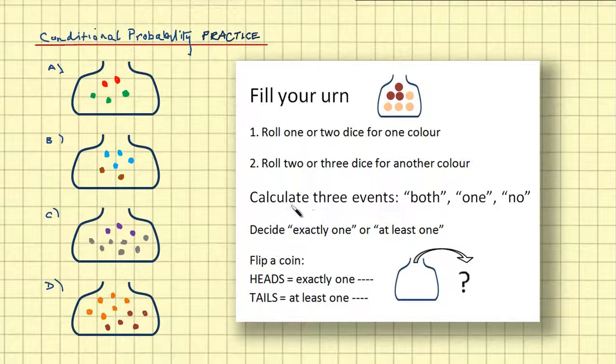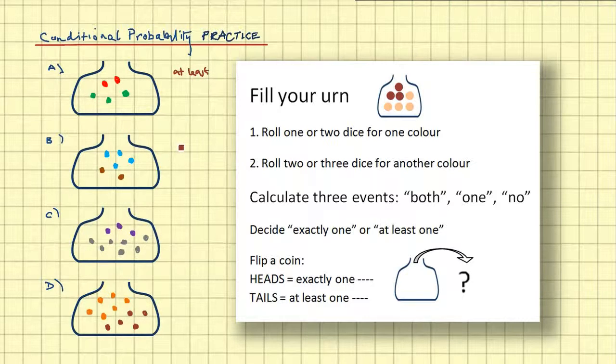Well, finally, what we've got to do is calculate 3 events, both one or no, and I'll show you what that means in a minute. But the important thing is we have to flip a coin. So heads means exactly 1, and tails means at least 1. So tails, at least, let's write that here, at least.